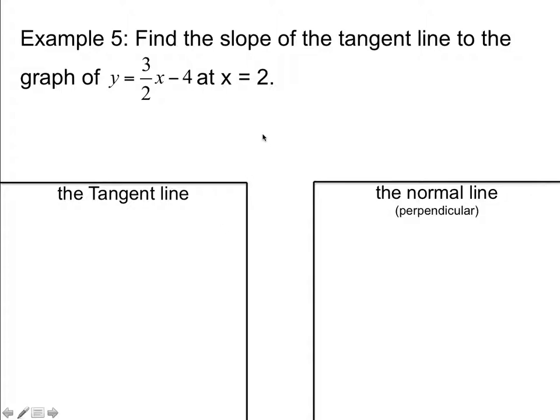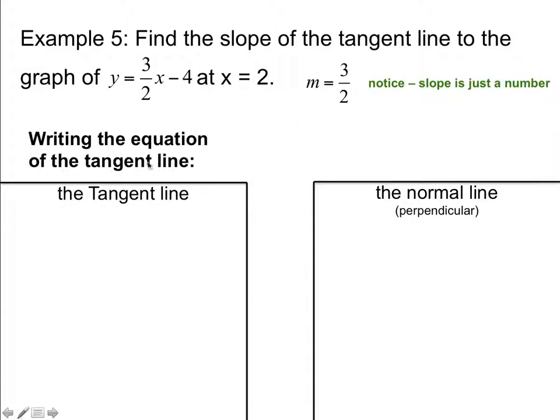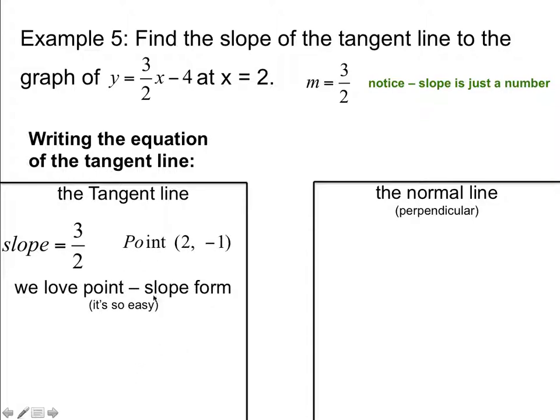So let's talk about the tangent line. If we have a slope of 3/2, then writing the equation of the tangent line is easy. We have a point (2, -1), and I'm going to write this in point-slope form. So it's y equals, put your slope here, 3/2, x minus, put your x coordinate here, 2, and then your y coordinate, negative 1.